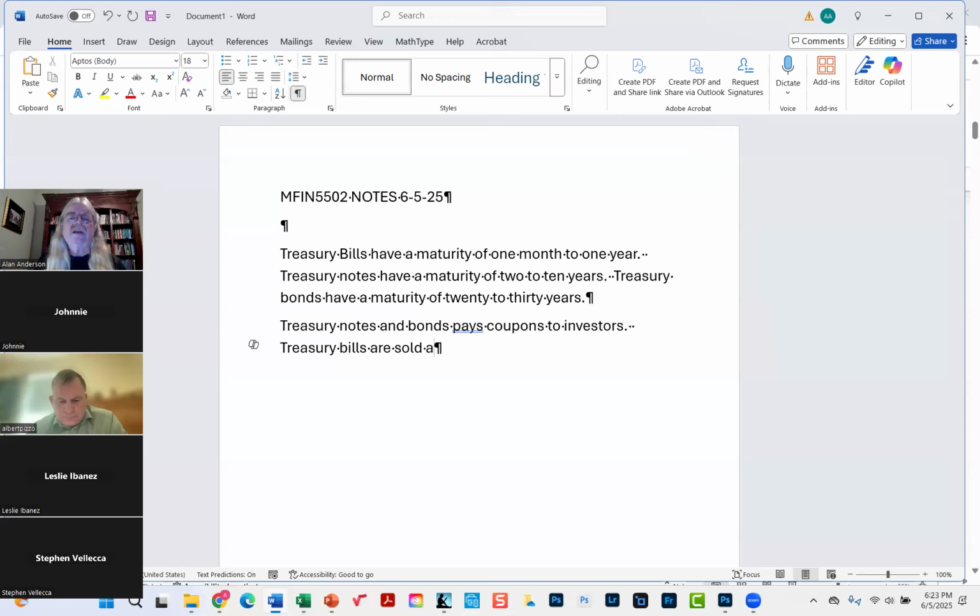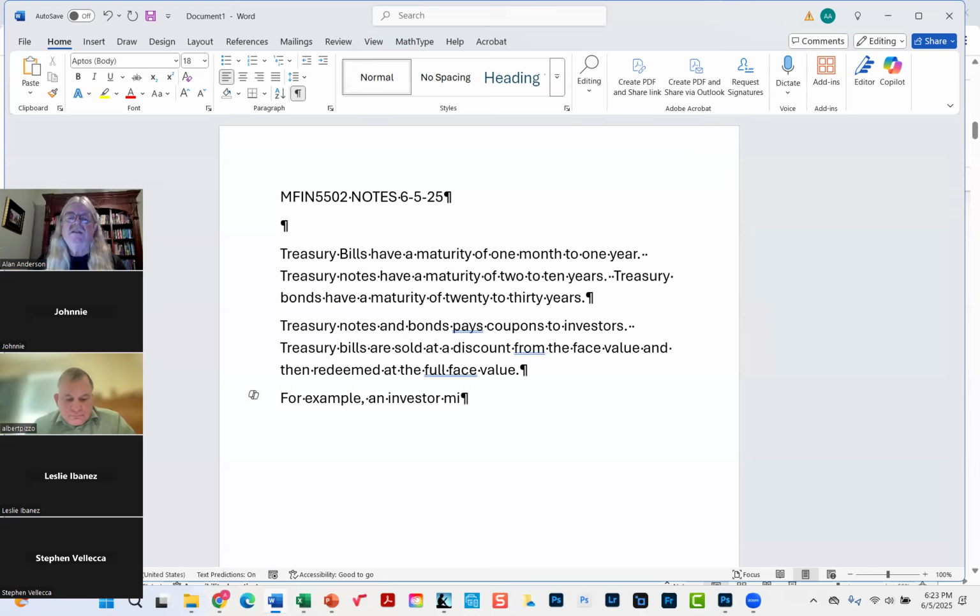Treasury bills, though, are sold at a discount from the face value, then redeemed at the full face value. So, for example, an investor might pay $950 for a $1,000 1-year Treasury bill.